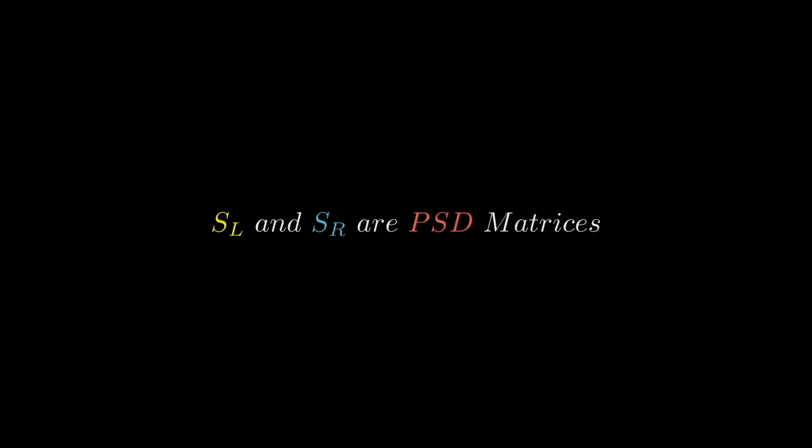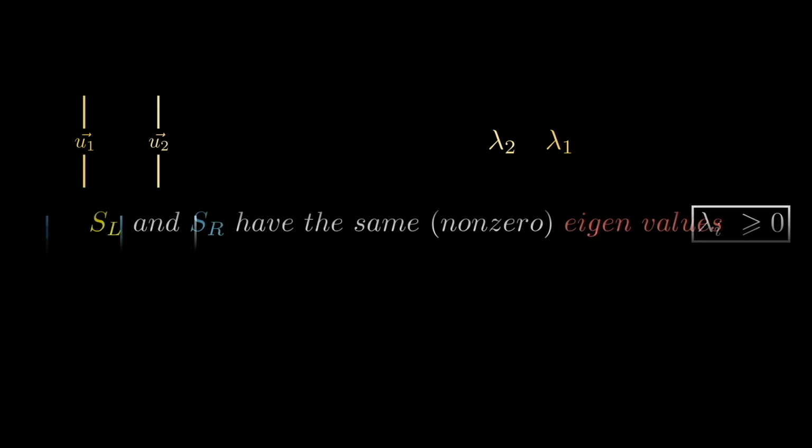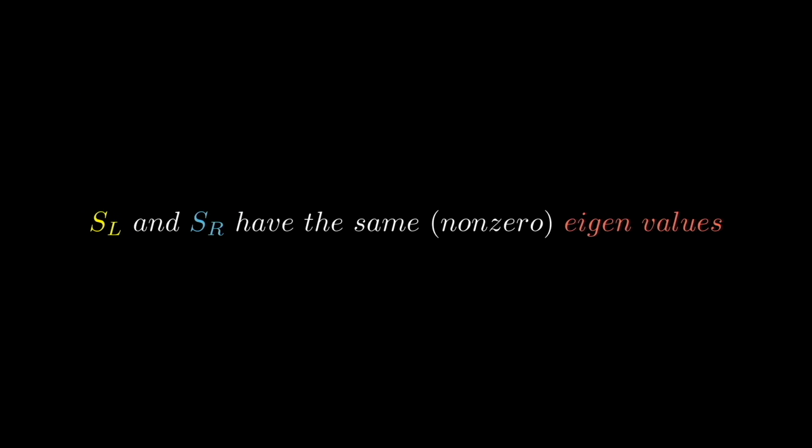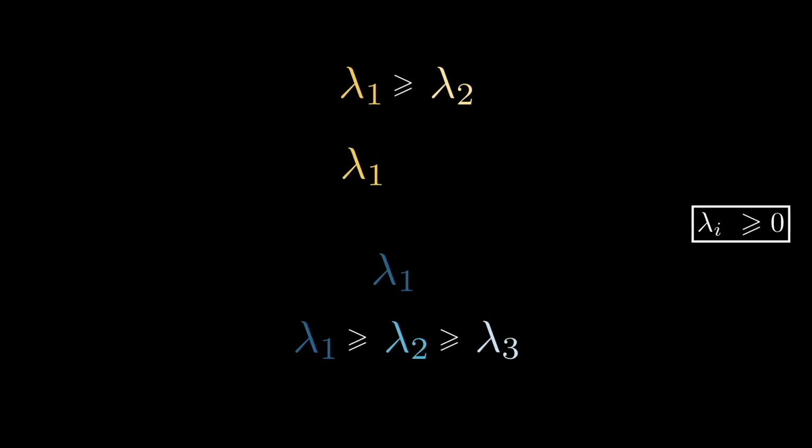Up next, I'm about to provide 2 facts without going into detail. S left and S right are known as PSD matrices. This implies the eigenvalue for each eigenvector is non-negative. The second fact, which is now obvious: if we sort the eigenvalues in descending order for both sets, the overlapping ones are numerically identical.